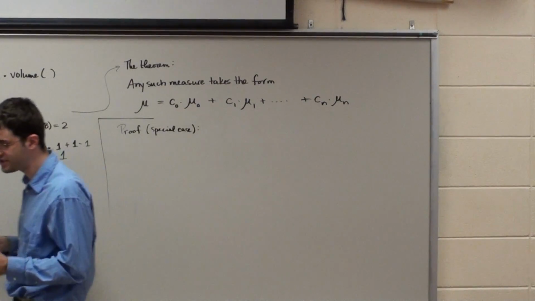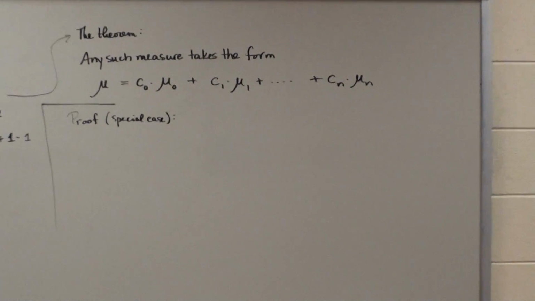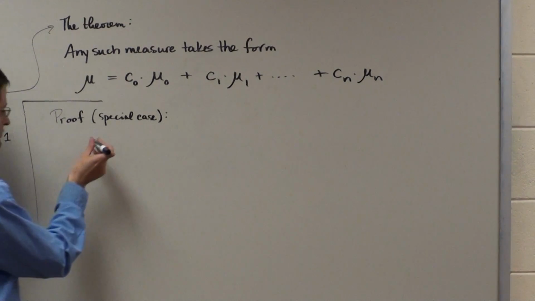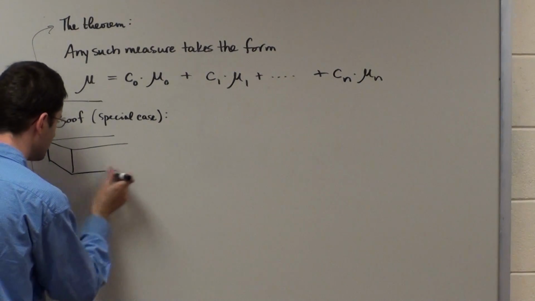Let's do a really special case of that. Convex sets are maybe a little too hard, so let's make it even simpler, and let's just do boxes parallel to the axes.